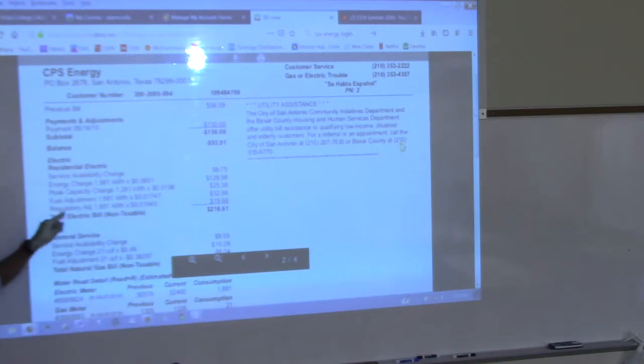Okay? Fuel adjustment. What is this? You have gas? No, this isn't my gas. This is one of those things they put in there that has to do with the cost. It's so they can adjust your bill a little bit depending on how much it's costing them to create the electricity. They have to make adjustments for their own cost, which can depend on a lot of factors.